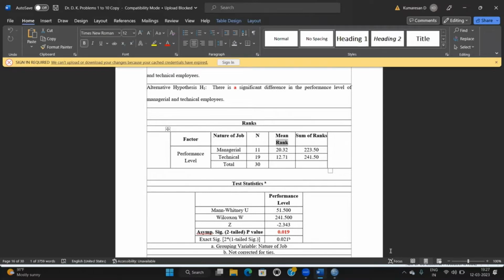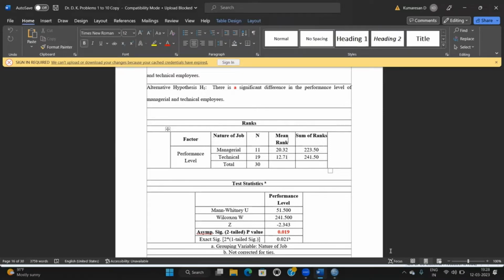The mean rank of technical employees is lower than the mean rank of managerial employees, so we can conclude that the performance level of technical employees is better than that of managerial employees. This is how we have to conclude.